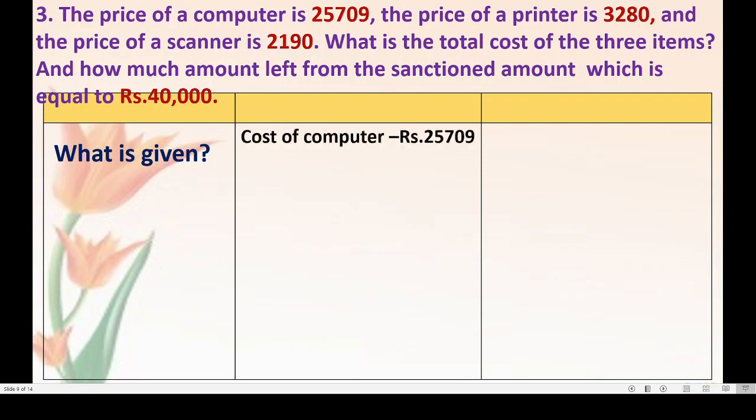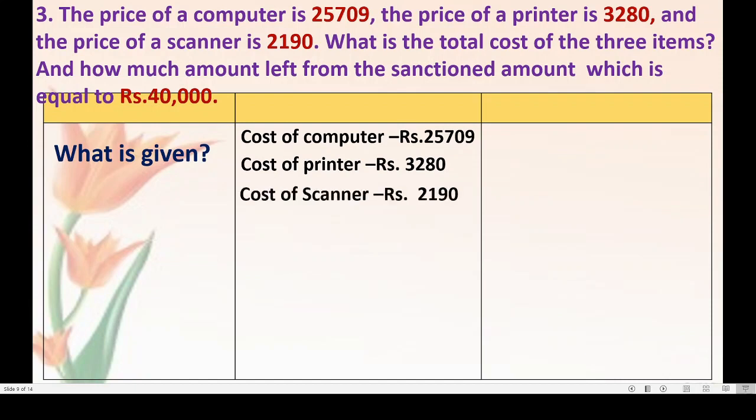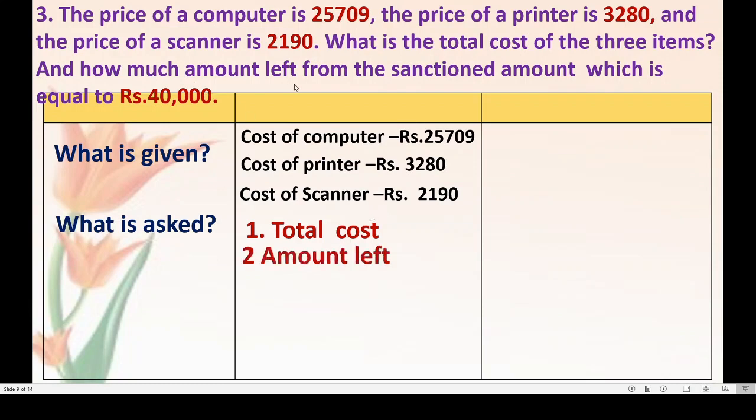The cost of computer, cost of printer and the cost of scanner are given, isn't it? Now what is asked here? Number 1, what is the total cost of the 3 items? And what is the second question here? Amount left from the sanctioned amount.